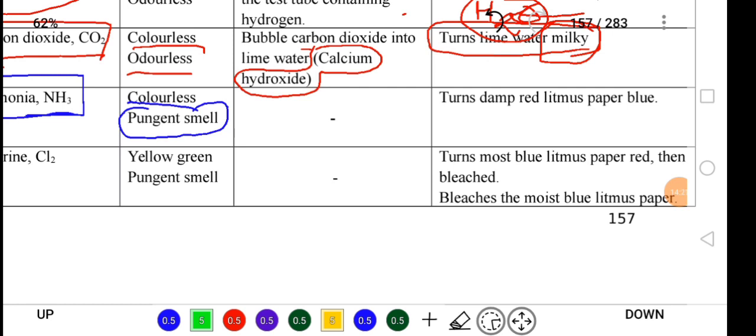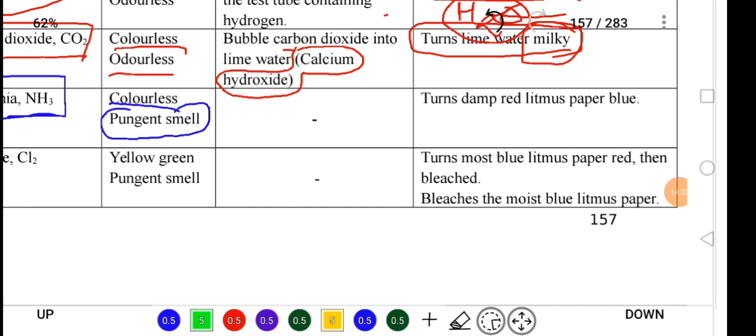So you are supposed to know that, okay, this red litmus paper has been provided for the purpose. So you are going to introduce a red litmus paper to the test tube where you are trying to test for the presence of ammonia.